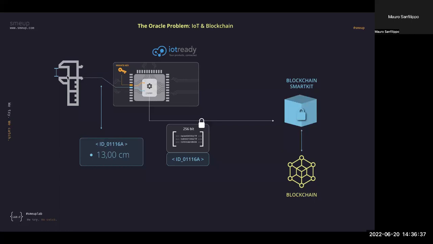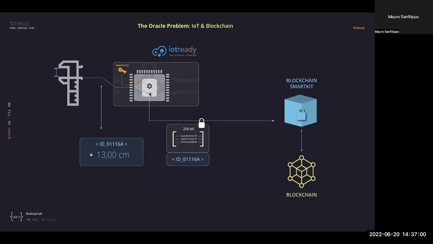Okay, so for example, every time we measure something with the caliber, we can use the private key of the device. This is shipped inside the device. It is not modifiable. It's not tamperable.